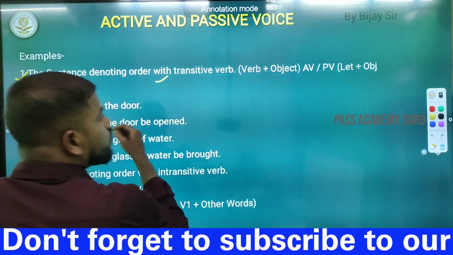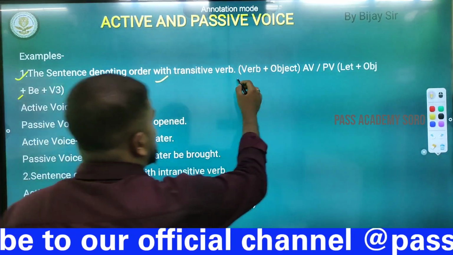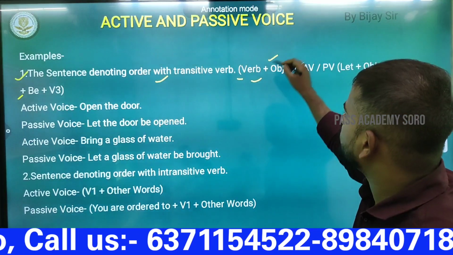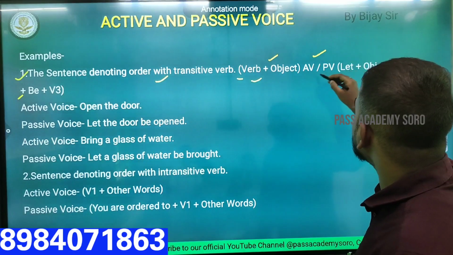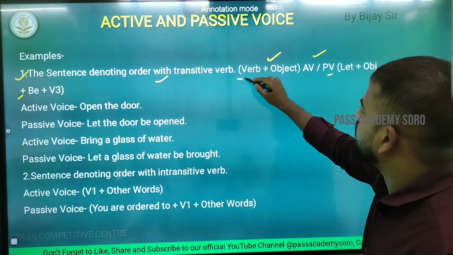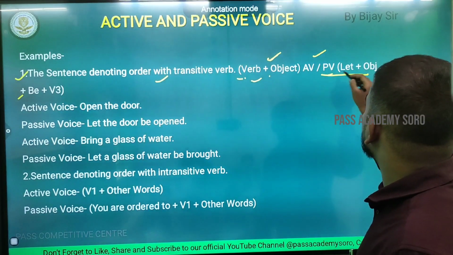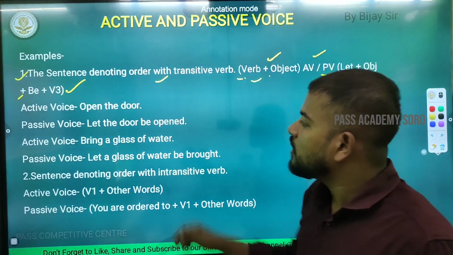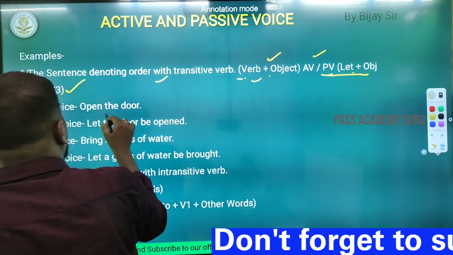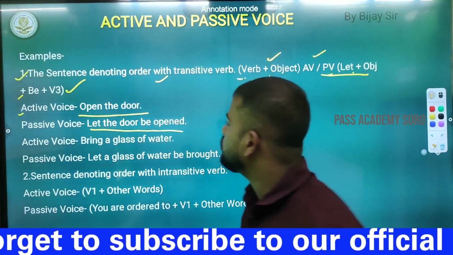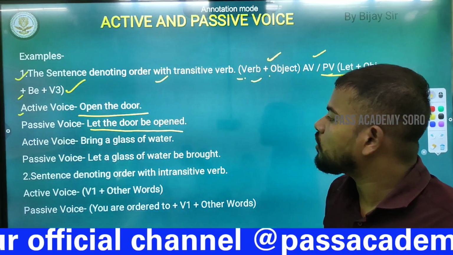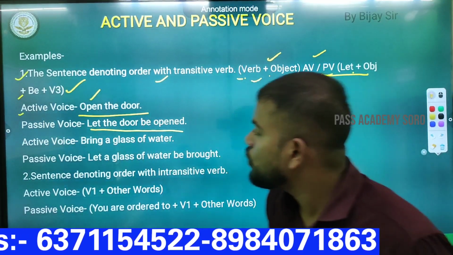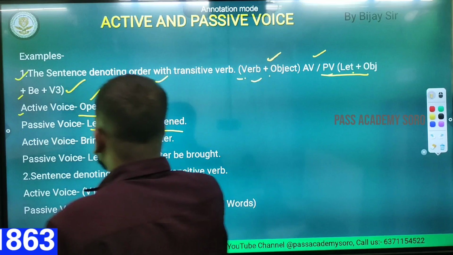The structure is verb plus object in active voice, but in passive voice, let plus object plus be plus V3 form of the main verb. We already took the example, open the door, and it became let the door be opened. Here open is a transitive verb. Here is passive voice, here active voice.